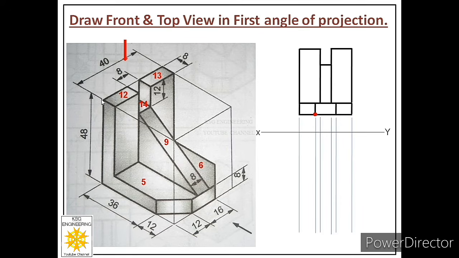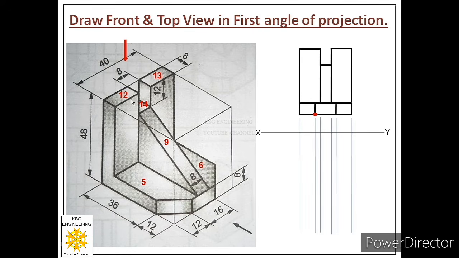Now we'll see the location of this point in the front view so that we should select the correct projector. So let us move towards front view from this point. Where is front? Front is this side. So from this point move towards front. Follow this edge. You will reach up to this point. And this point belongs to face 7, sorry.